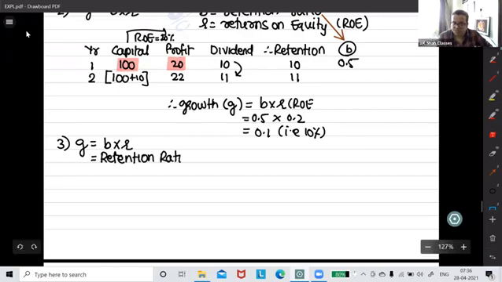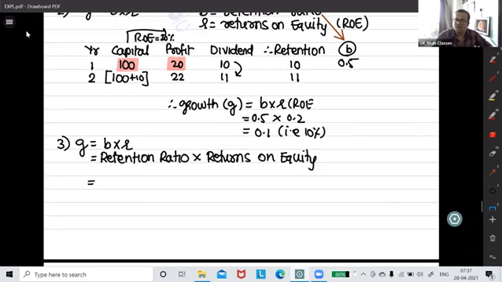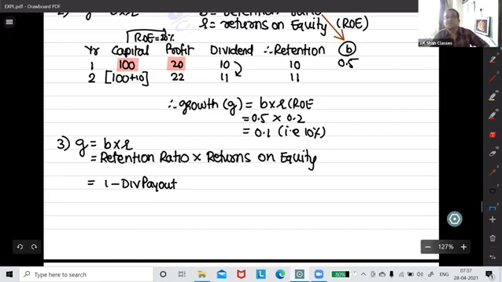Retention ratio. What is R? Returns on equity. Okay. Let's elaborate a little more. Retention is 1 minus dividend payout. What's it, guys? Correct? 1 minus dividend payout.